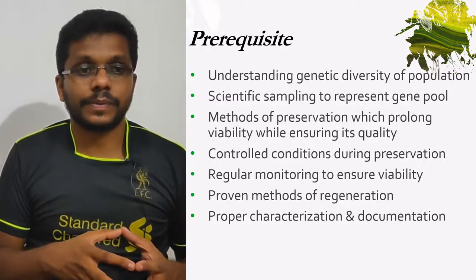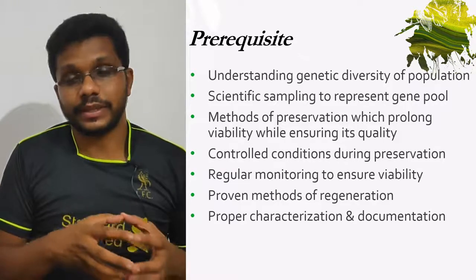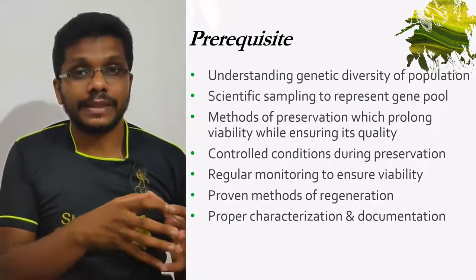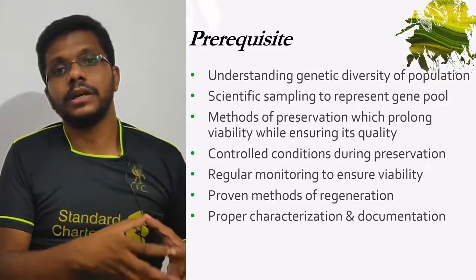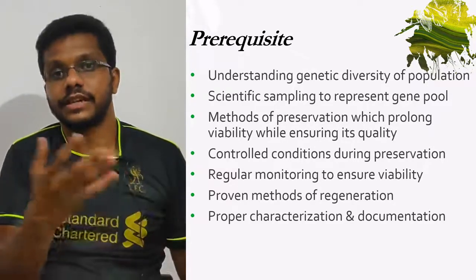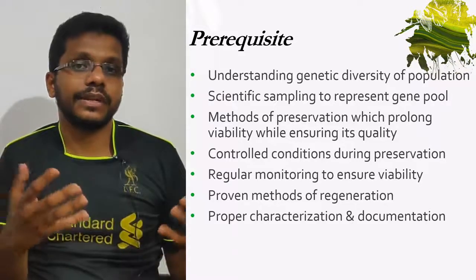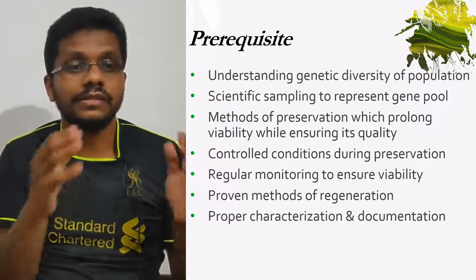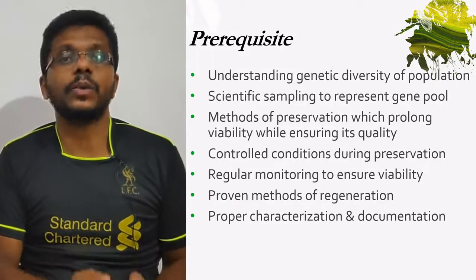It is a method of preservation which prolongs viability while ensuring quality. So whether the method is low temperature or some other condition which reduces moisture or pressure, whatever preservation technique we are using, it should be able to prolong the viability of the organism without losing its quality.